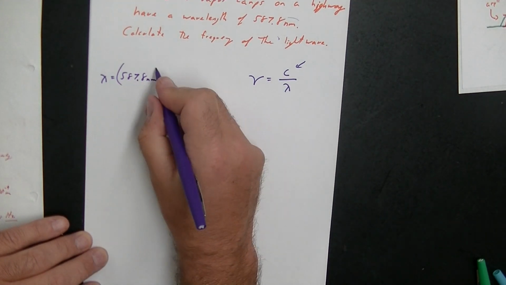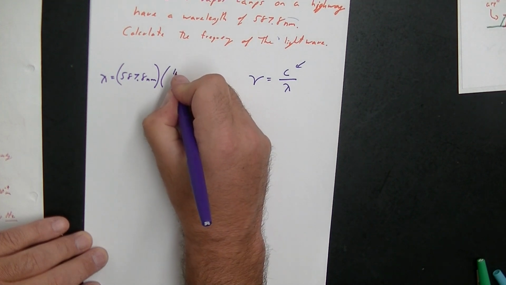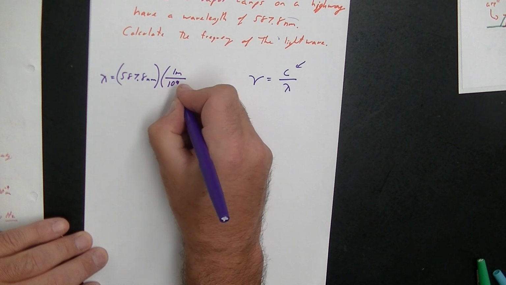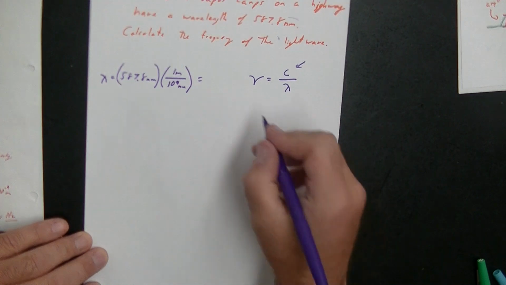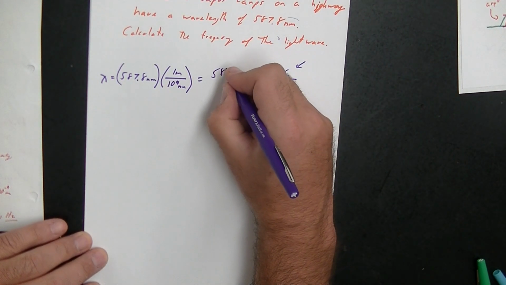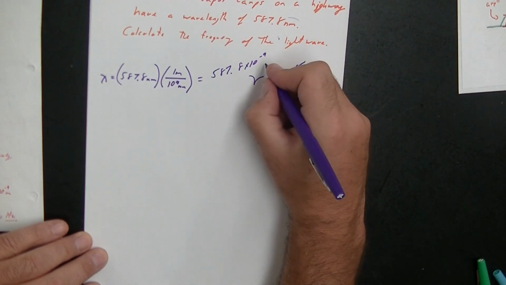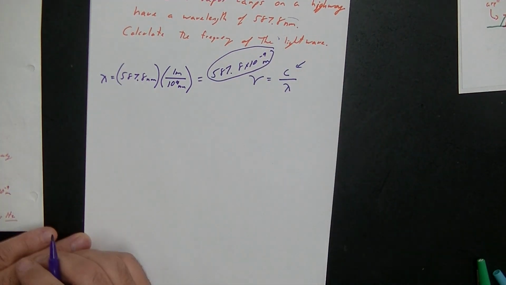I can use dimensional analysis. For every 1 meter, we have 10 to the 9th nanometers. So this turns out to be 587.8 times 10 to the minus 9th meters. So I need to use that for my wavelength.